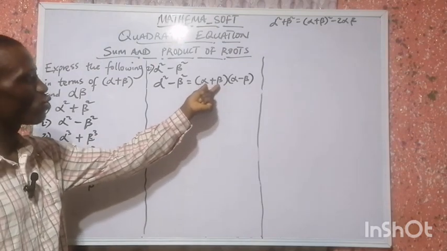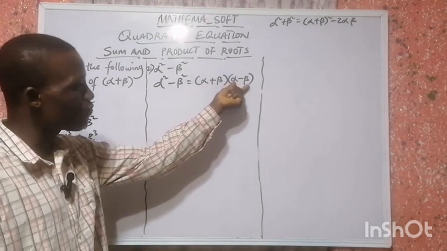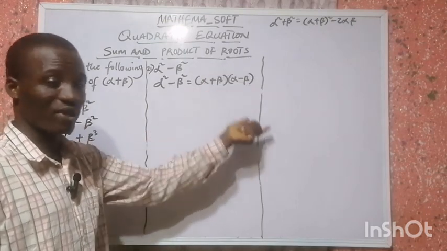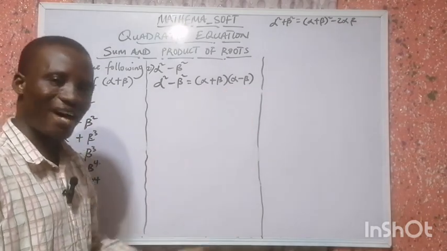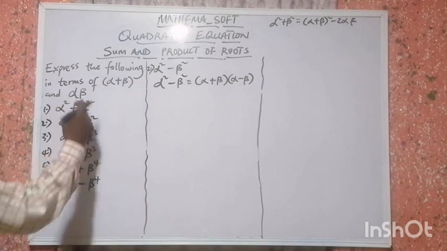But we already have alpha plus beta, and we now need to look for alpha minus beta, which we don't actually have a substitution for. All our expressions must be left in alpha plus beta and alpha beta.